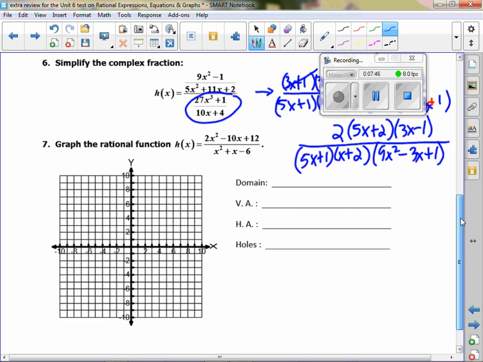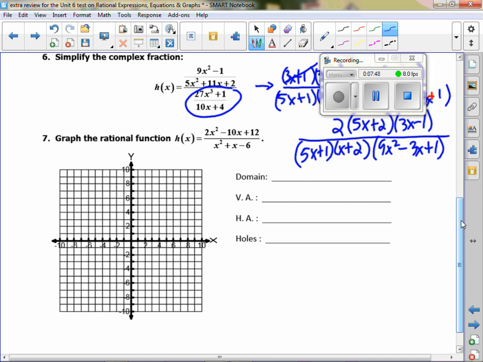All right, number 7 says to graph this. Looking at it right now, I can see the horizontal asymptote. I use my pieces right here. But why don't we go ahead and factor this first so we can see if anything cancels. I'm going to do that down below. On top, I can take a 2 out, leaving x squared minus 5x plus 6.